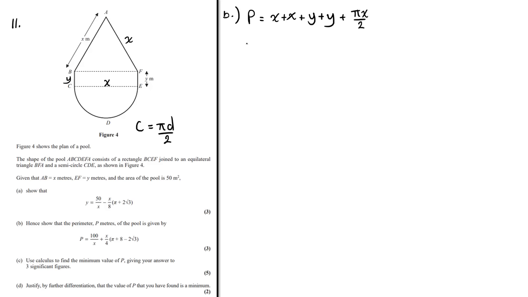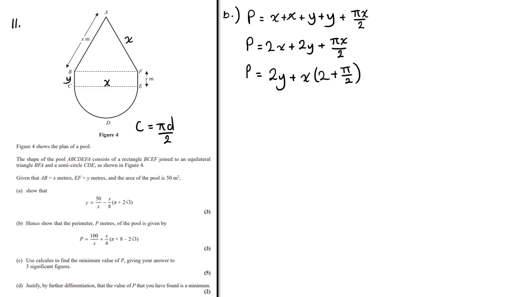If we simplify here, I get p equals 2x plus 2y plus pi x over 2. And what I can do then is factor out the x, so what I get for p is 2y plus x lots of 2 plus pi over 2. You can just skip to this third line from here if you find that easier, but just to make it clear, that's where we're up to at the moment.